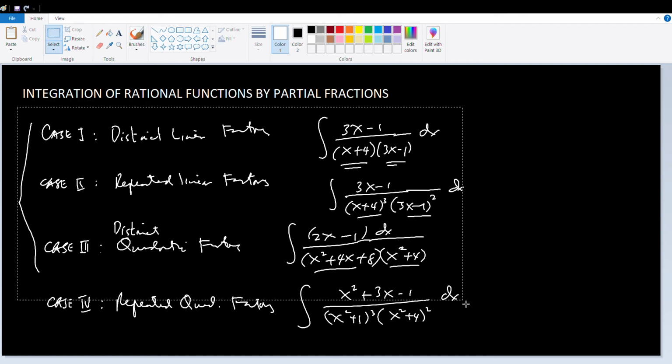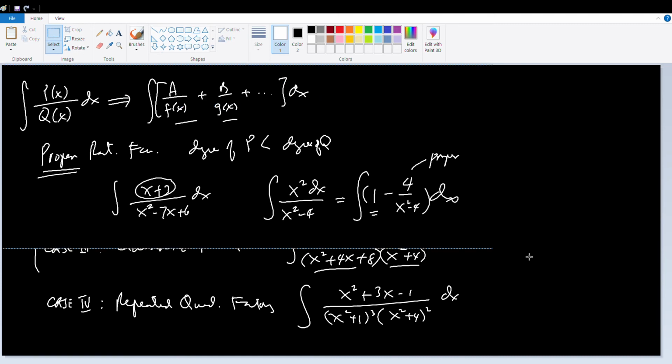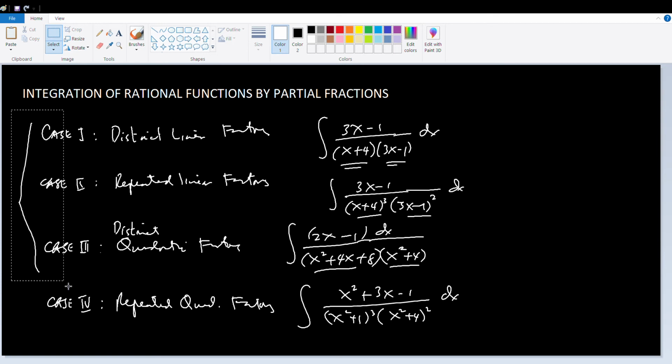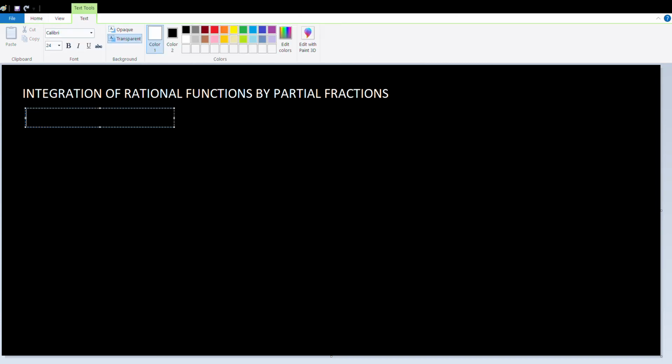So we start with case 1, distinct linear factors.